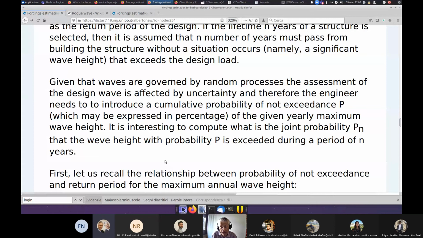And so it is a classical method to analyze annual max data to get to the estimation. So if you deal with annual max data, you can easily establish a relationship between the return period and probability.